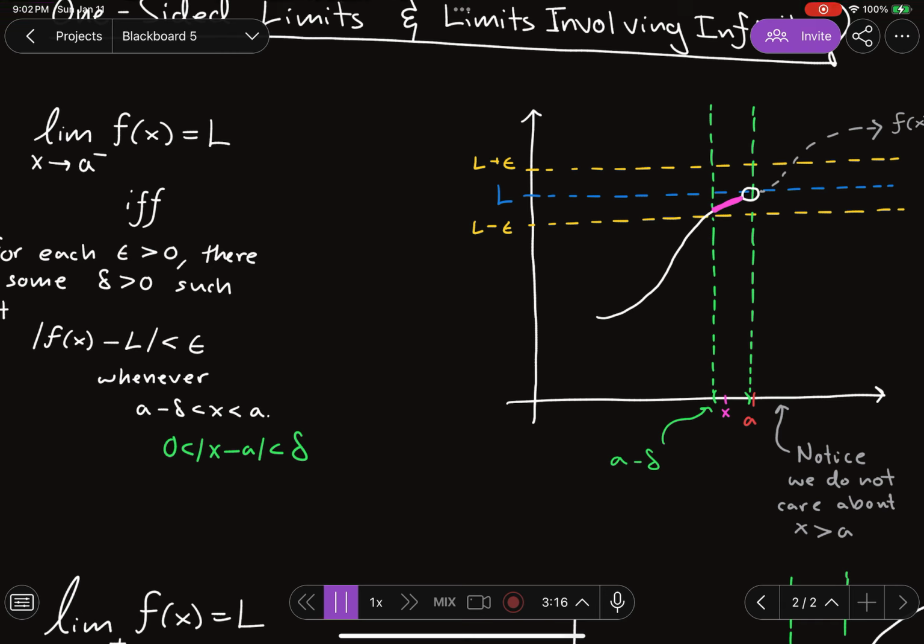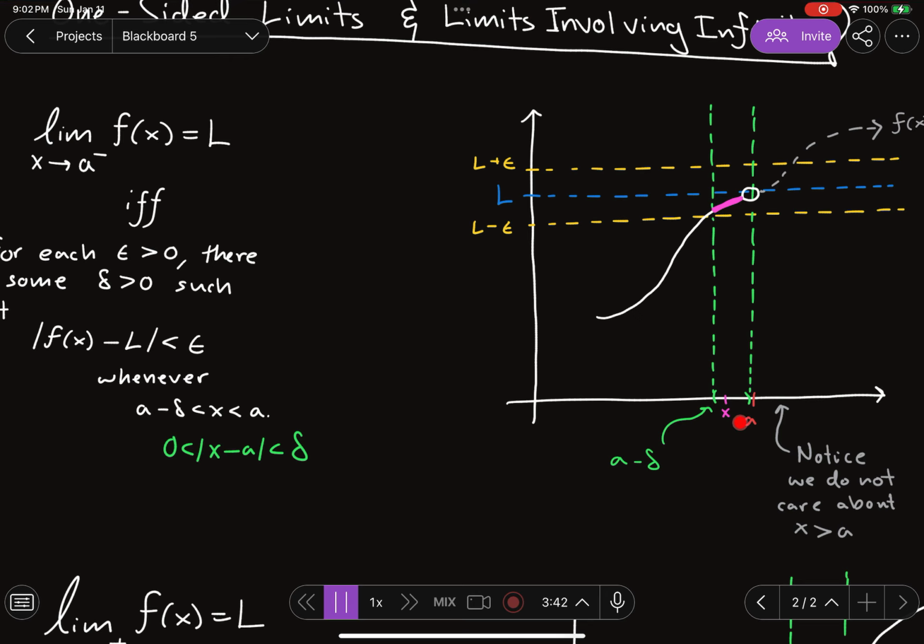So notice that the picture checks out with our typical understanding of a limit. We can choose this delta so that if we only observe x values within a distance of delta away from a, but on the left side of a, i.e. x less than a, then all of the function values observed in this interval will be within this yellow band, okay?